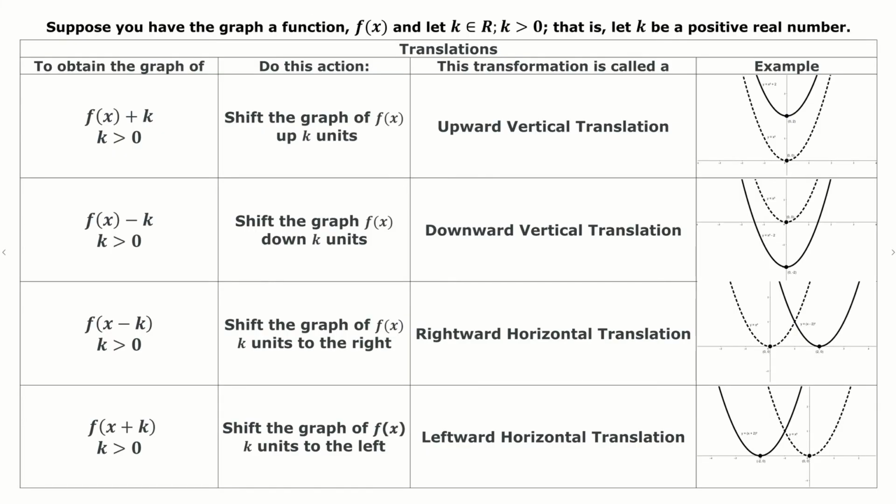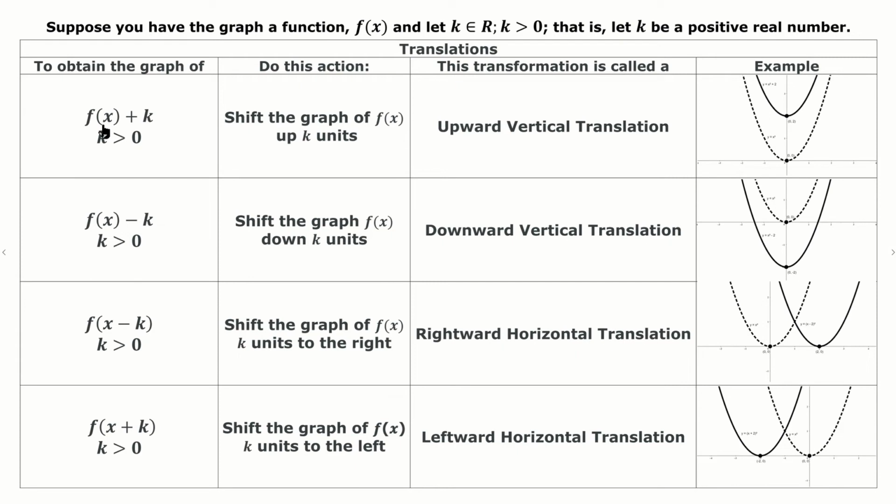Okay, in this first screen, we're going to look at translations. Assume that we have a function f of x and let k be a positive real number, and we want to see how we can obtain the graph of these alterations of f by just shifting the graph either left, right, up, or down.